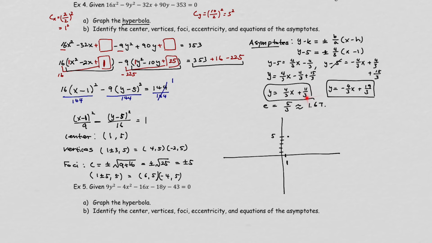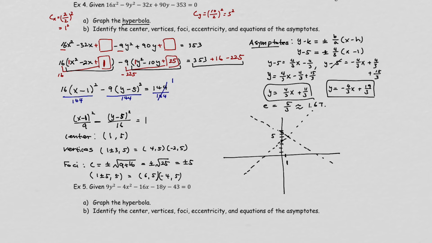You already have a center, and your asymptote line has to pass that point. So once you find the y-intercept, draw the line passing through the y-intercept and that center. And do the same thing, and you're going to end up getting 2 lines.